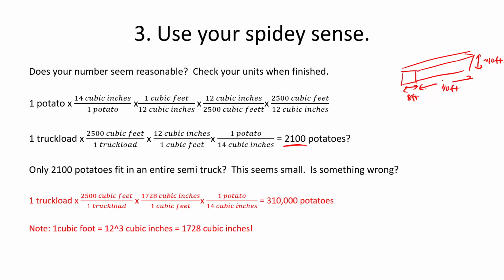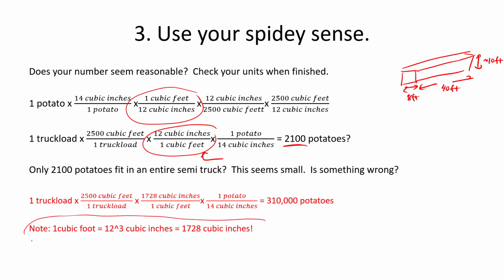All right, so the issue here is the conversion right here. The number of cubic inches per cubic foot. Be very careful. This is a common mistake that I see in these types of questions. Please remember that 1 cubic foot is not 12 cubic inches. 1 cubic foot is 12 to the third power cubic inches, or 1,728 cubic inches per cubic foot.